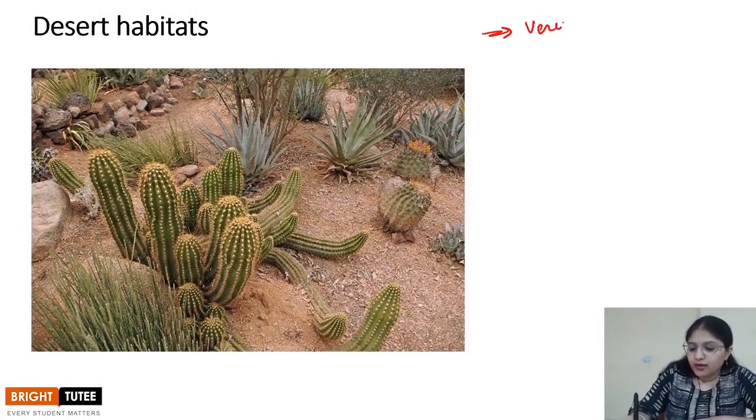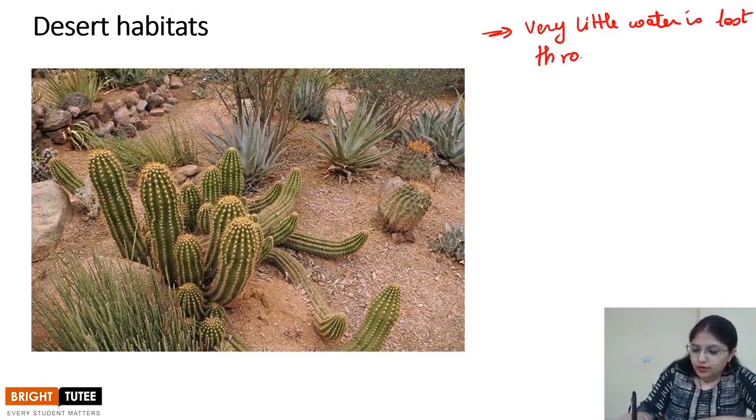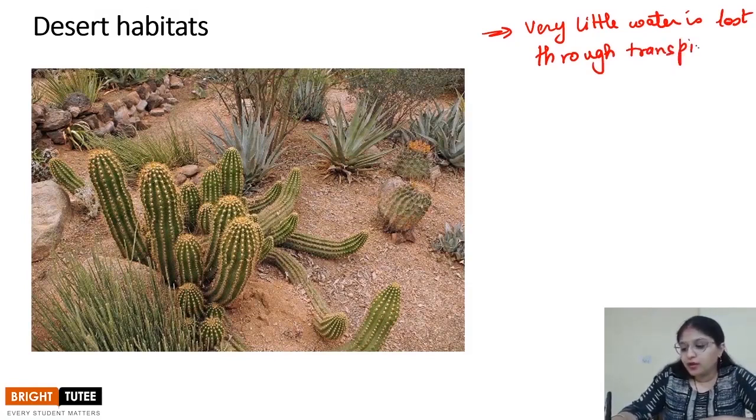So, we can write down very little water is lost through transpiration. So we know that transpiration happens because of your stomata that is present on the leaves, right? So transpiration happens on the leaves.